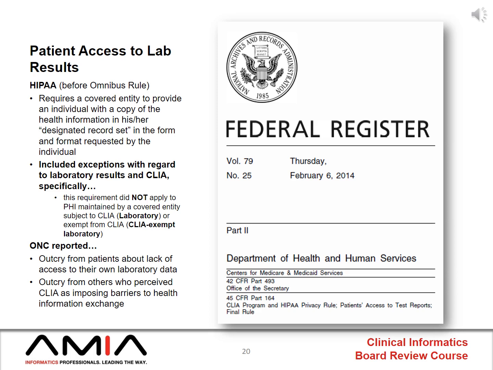So as a result of that exception, there were some practices whereby providers were requiring patients either to come in to see them and charge for another visit in order to get access to their laboratory data, and patients weren't able to get laboratory data directly from the laboratory themselves. So there was a bit of an outcry about this that was reported to the Office of the National Coordinator for Health Information Technology, who then coordinated between HIPAA and CLIA to write the patient access rule.